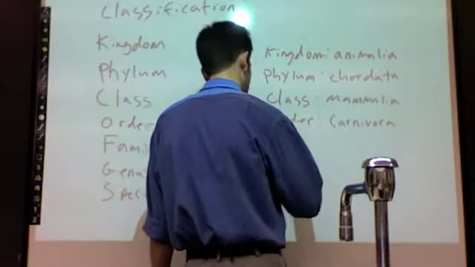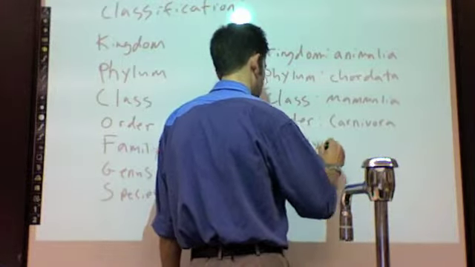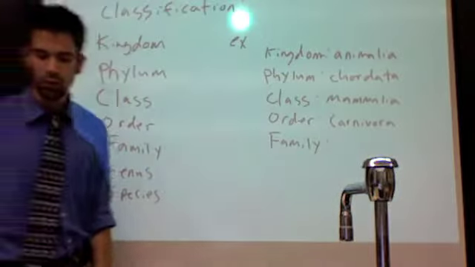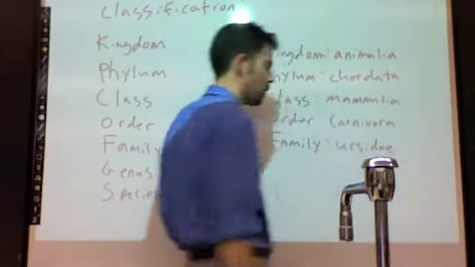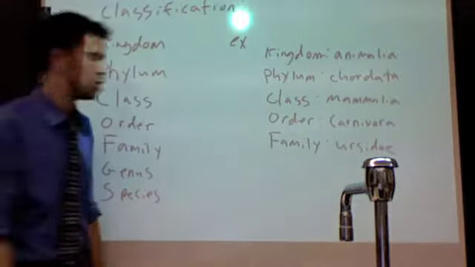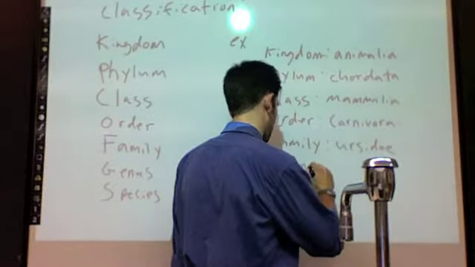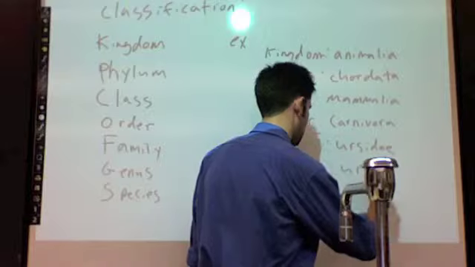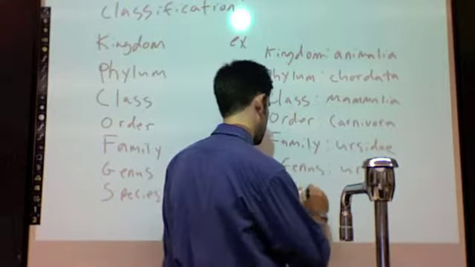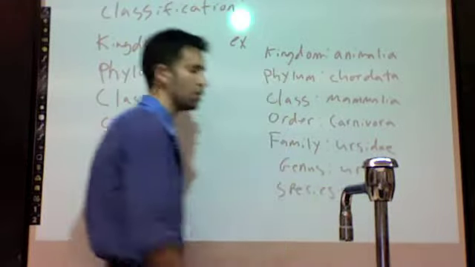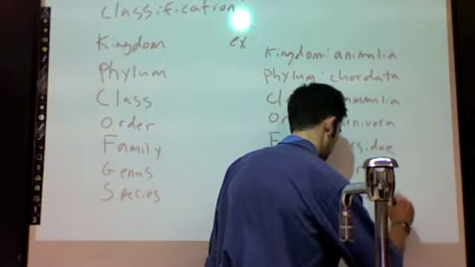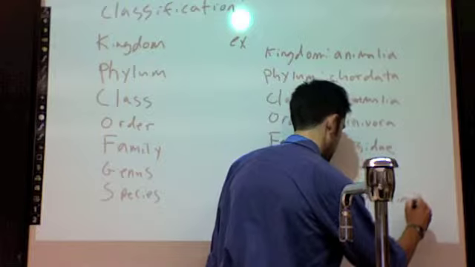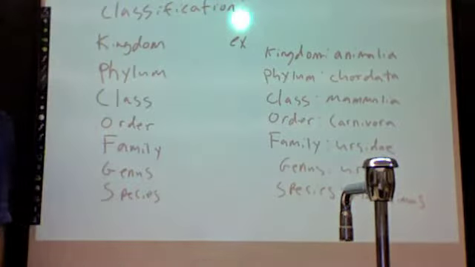Family, Ursidae. Genus Ursus, which we already know. And then who remembers what the species actually is? Maritimus. Okay?